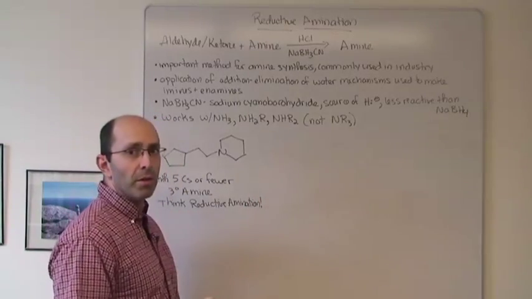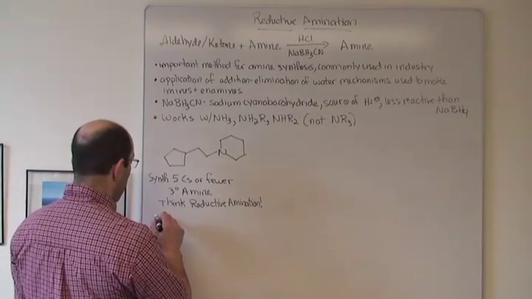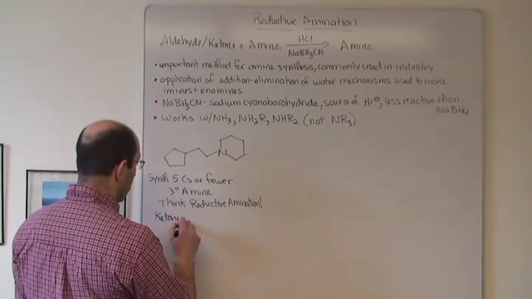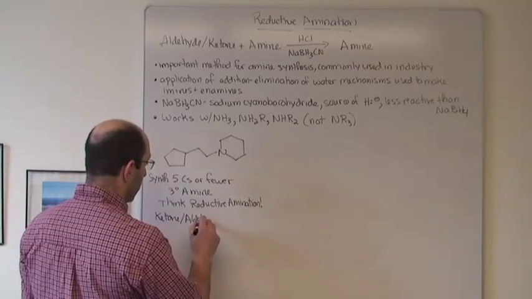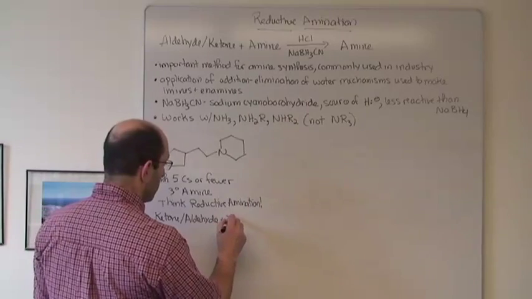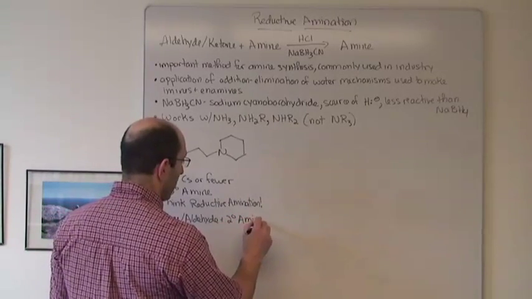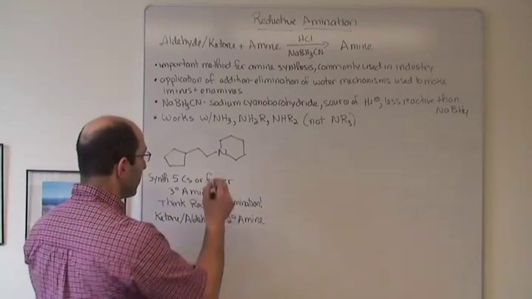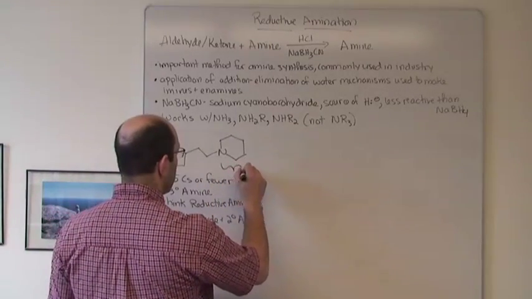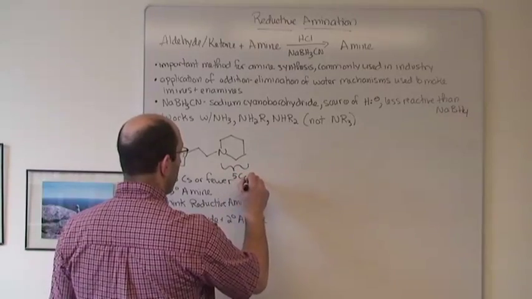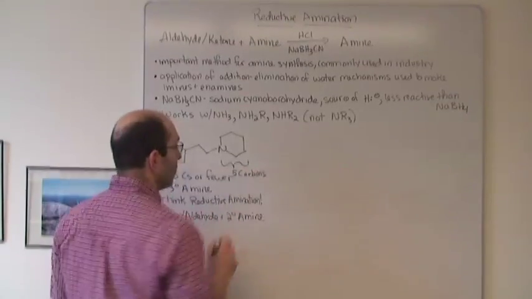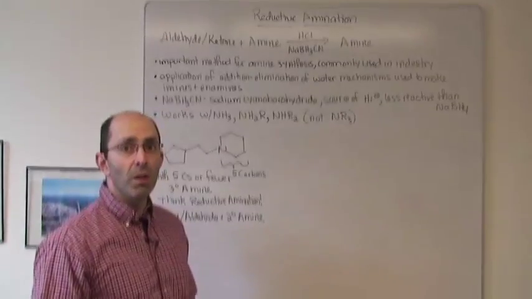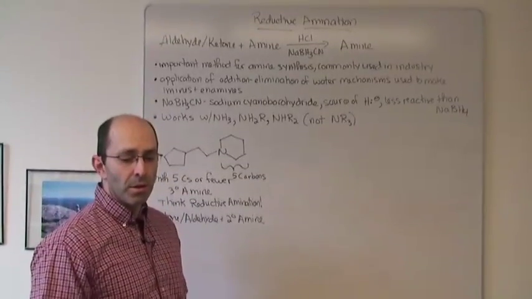If you thought about reductive amination, you would say, I'm going to need a ketone or an aldehyde plus a secondary amine. And then thinking about the substrate that we have, hopefully you quickly recognized that that ring has 5 carbons. So we can start with that ring, which is going to help us a lot when we do this reaction.